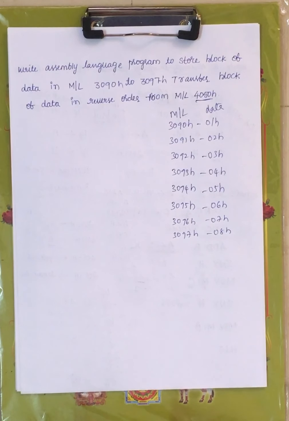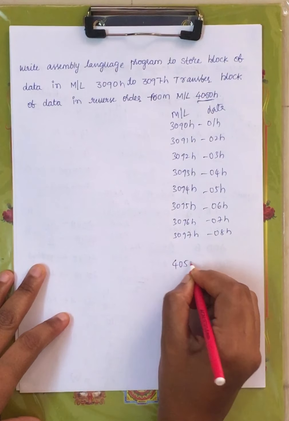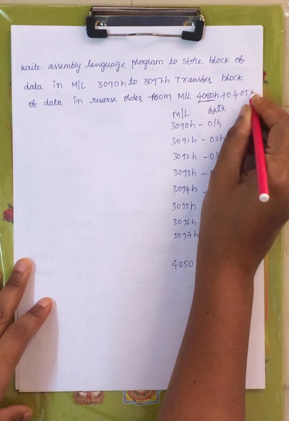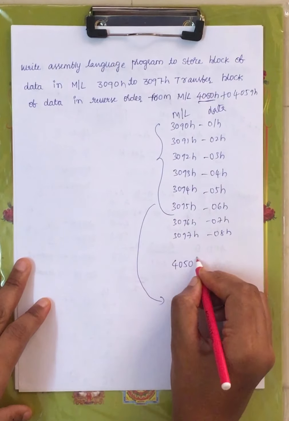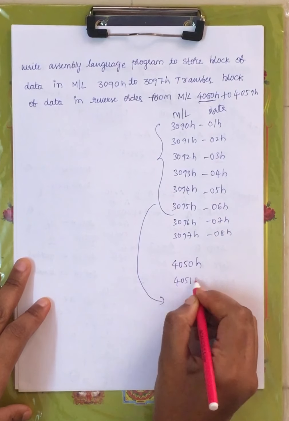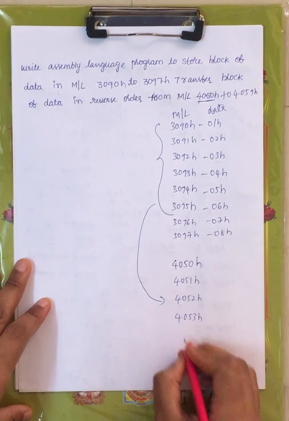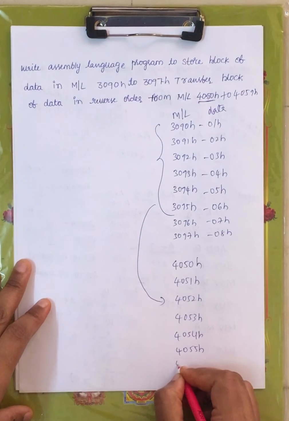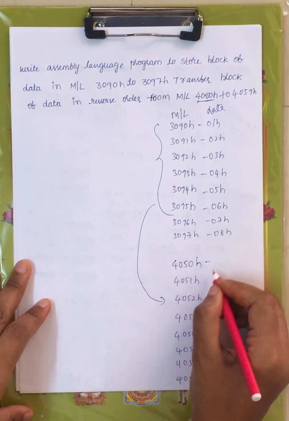Now this particular memory location is storing some data, right? Now what we have to do, we have to write an assembly language program to transfer this block of data from memory location 4050H to 4057H, right? We have to transfer this block of data to these memory locations 4050H, 4051H, 4052H, 4053H, 4054H, 4055H, 4056H and 4057H in reverse order, right?